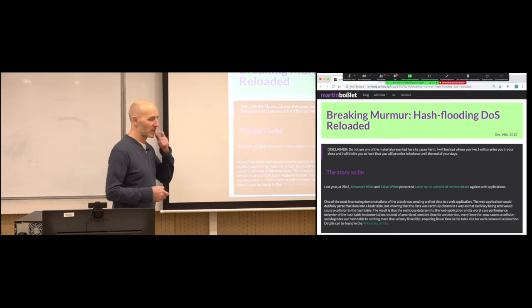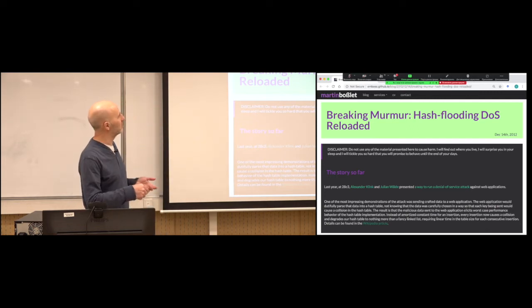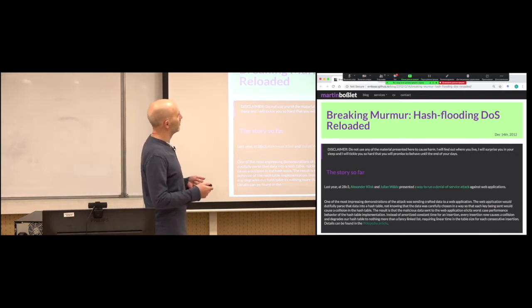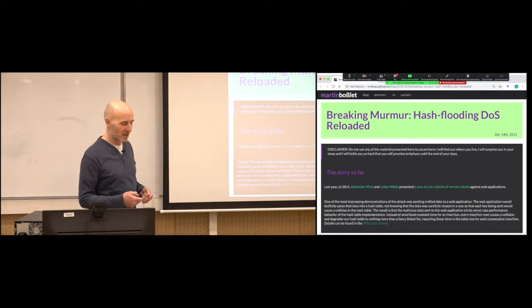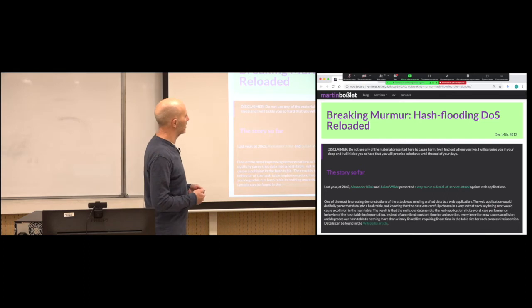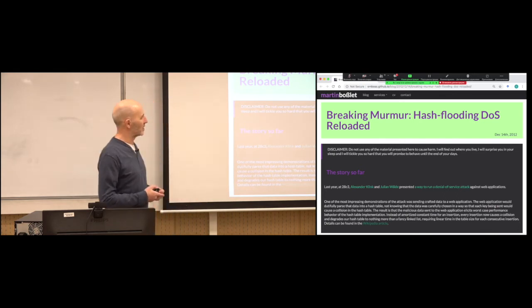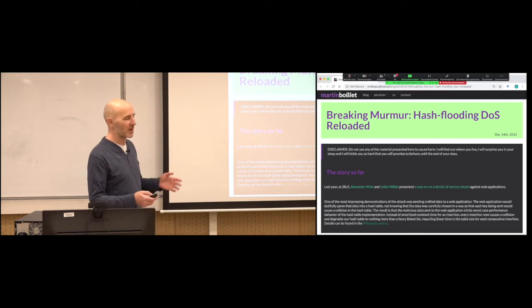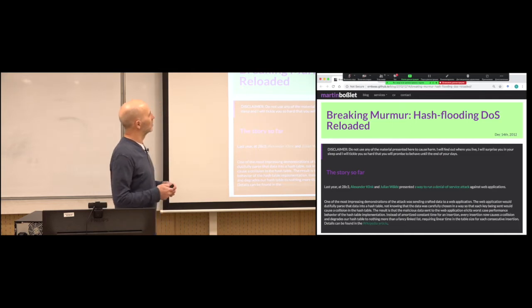Breaking here means precisely being able to provide items which all, or most of them, go to the same bucket. So it's not a completely artificial problem.